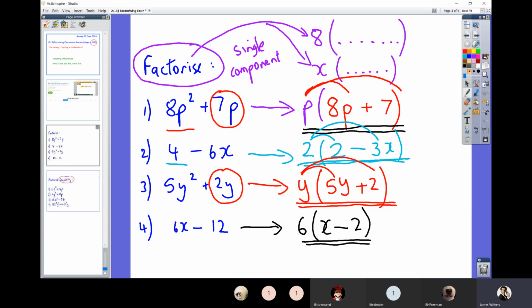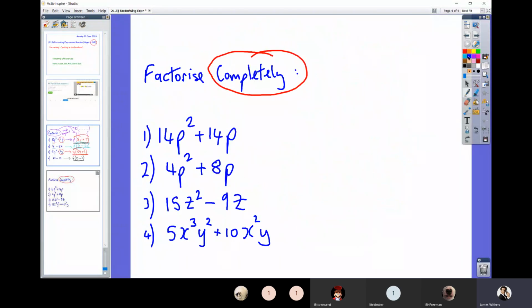So those are what the majority of the opening questions are like. In this exercise, you're just being asked to factorise. Now, the final few questions are slightly differently worded. They're asking you to factorise completely. Now, that word has got to mean to you that you're going to be taking out more than one component.